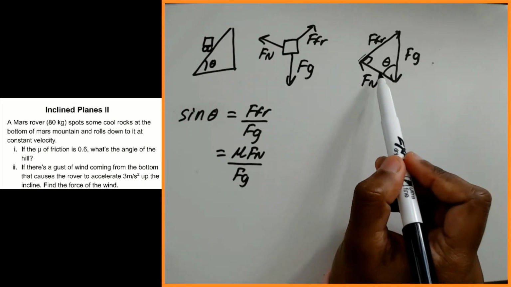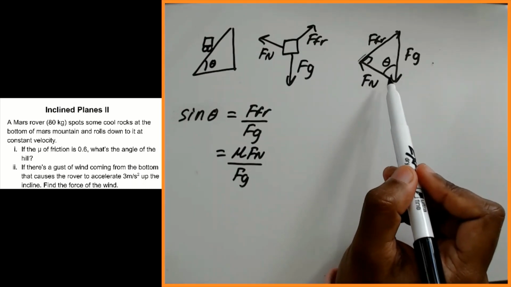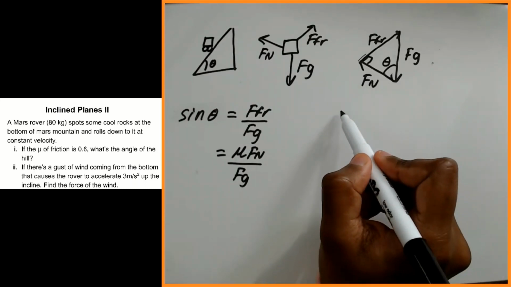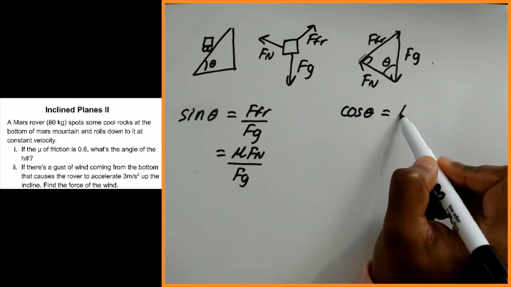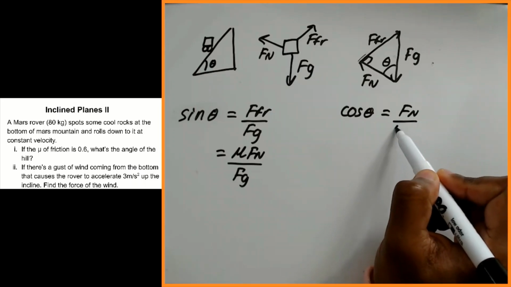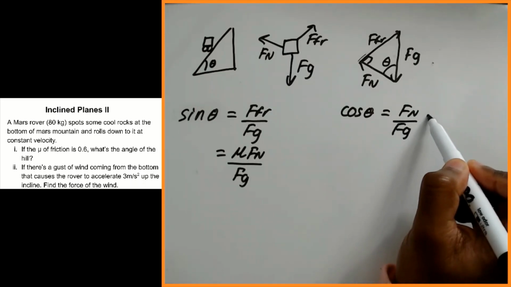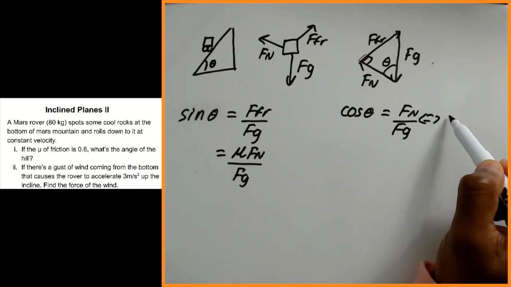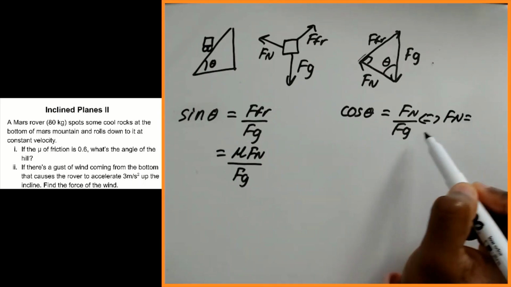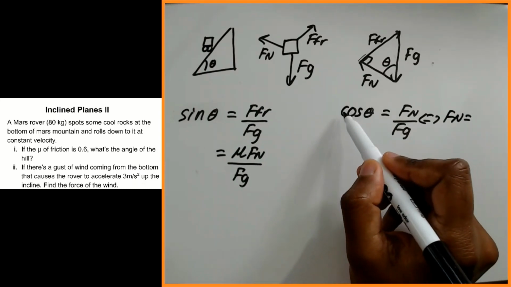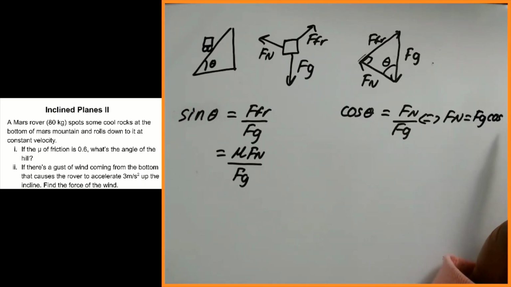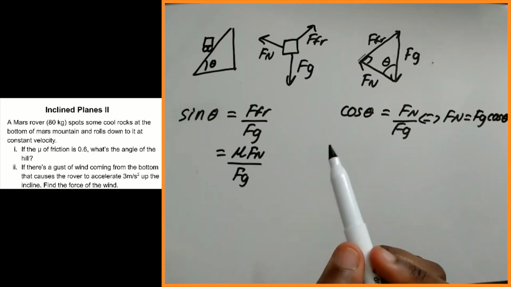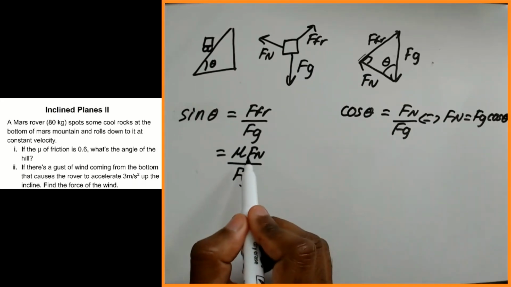Remember that Fn is adjacent to this angle, so we can write cos theta is equal to Fn over Fg. Solving for Fn, we just have to move that over there, so we get Fn is equal to Fg cos theta.